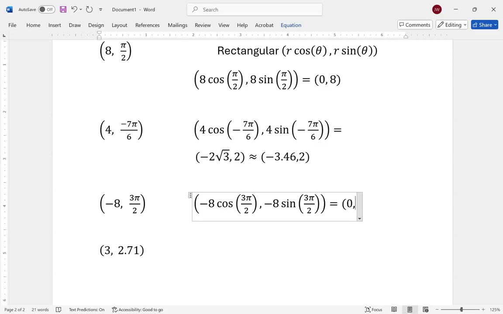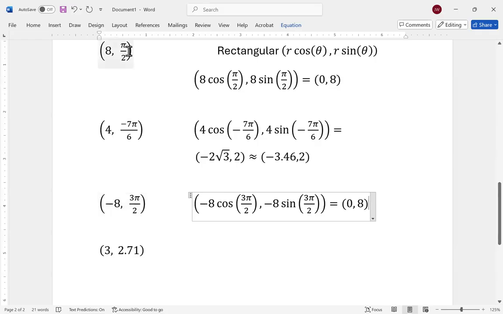When you plug that into sine, you get negative 1. So negative 8 times negative 1 gives you a positive 8. Notice that we got the exact same point we did in our first calculation. We got the x coordinate to be 0 and the y coordinate to be 8. But we used a different r and a different angle. This can happen a lot.